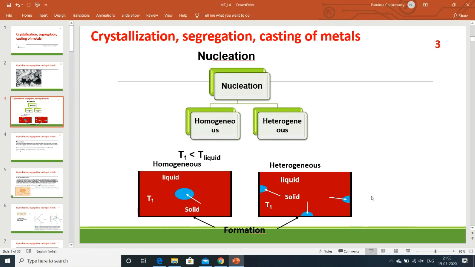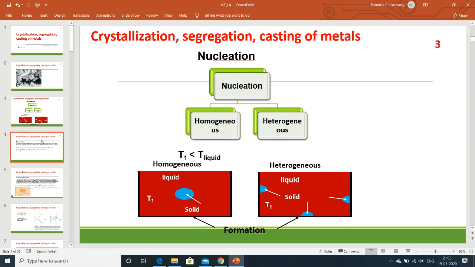So that is the basic difference between homogeneous and heterogeneous nucleation. In one case, the nucleus starts growing at the core of the liquid, and in the other case, it starts growing at the surface or at the grain boundaries or at the different sides. So this is the basic difference between them.